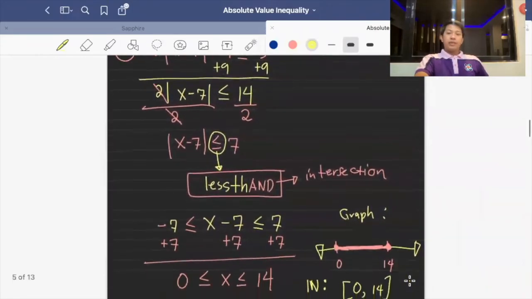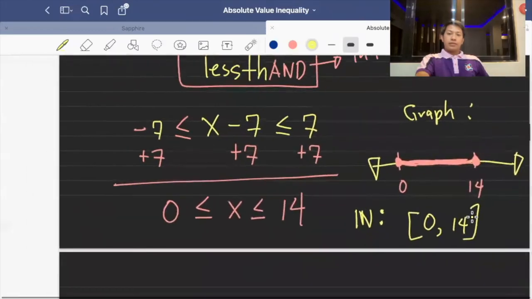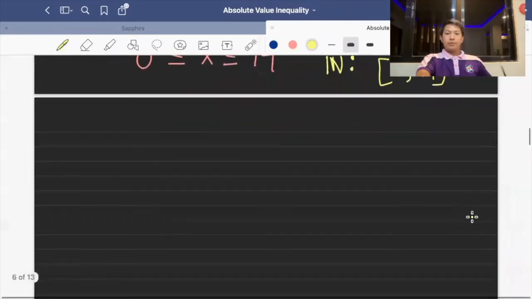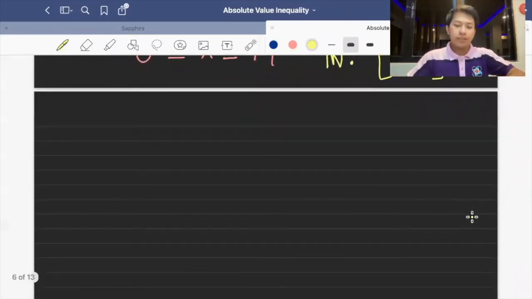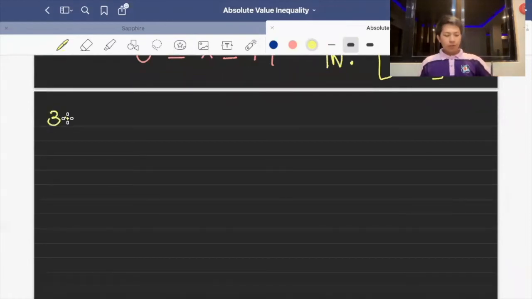All right, we're done with example number 2. Let's try the third example. Still the same. We are going to solve the absolute value inequality.